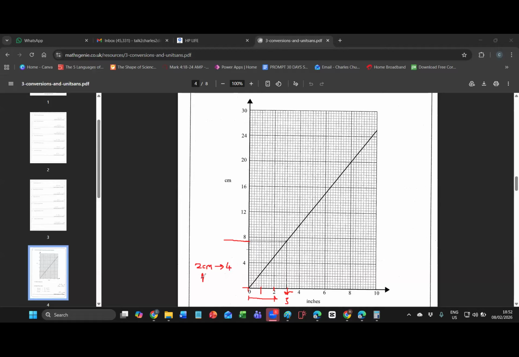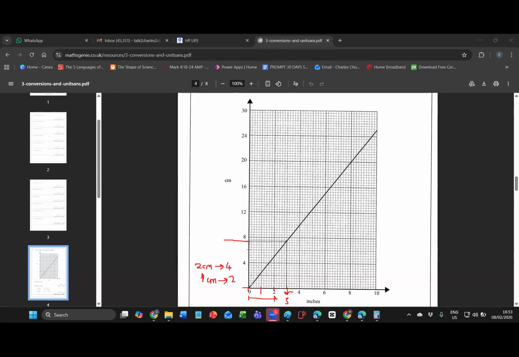Can you see the difference? Now the question is, if 1 centimeter is to 2 units, what will each small box represent?